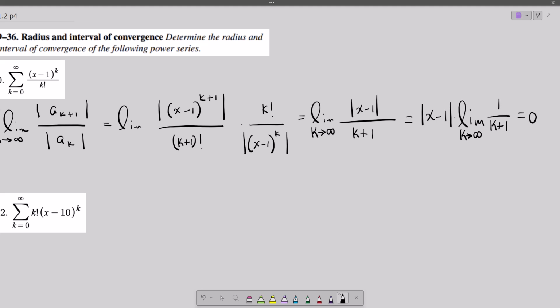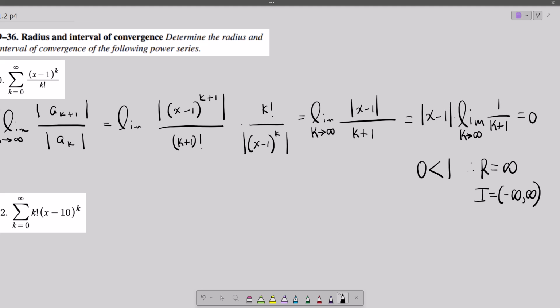This limit is 0. That tells us that we have convergence for every single x, because this is always less than 1. So 0 is less than 1. Therefore, the radius of convergence is infinite, and the interval of convergence goes from negative infinity to positive infinity. So that's the simplest case when we have convergence everywhere.